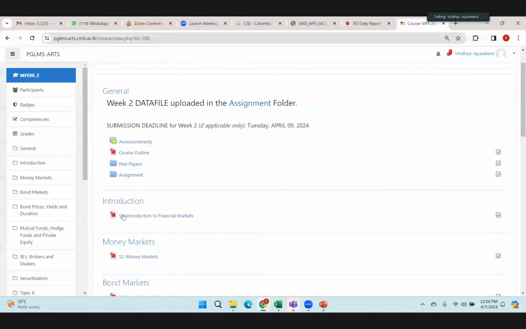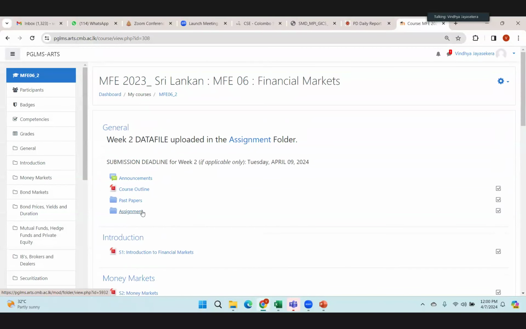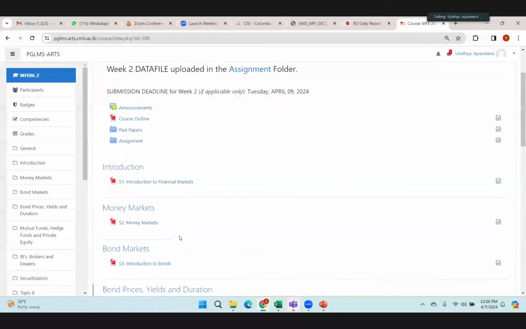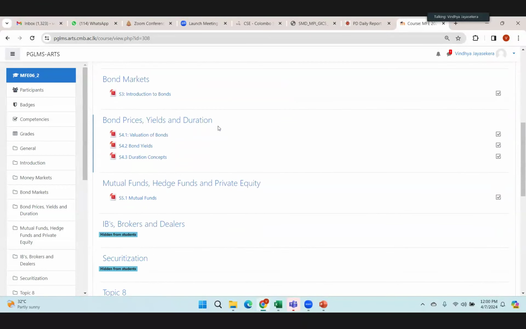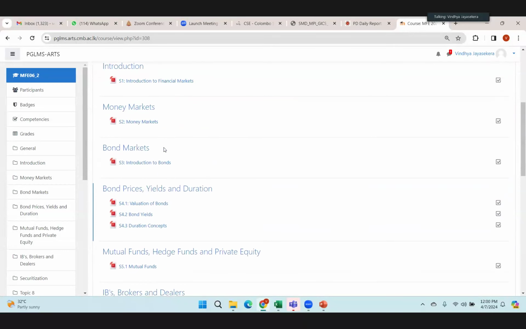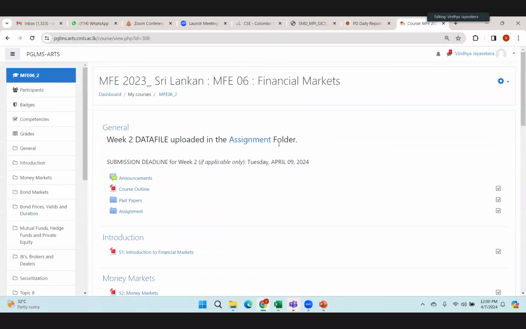Usually it will get published on the assignment, but for the 5th data file also, it will get published somewhere here. So it will essentially say that the week 5 data file or week 4 data file, I can't remember which one, it won't be uploaded in the assignment folder.